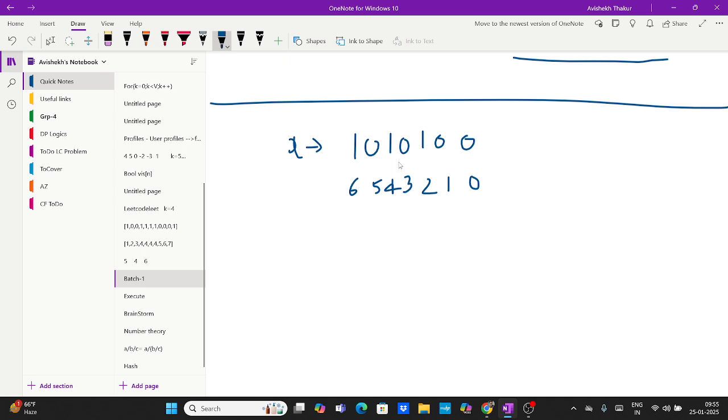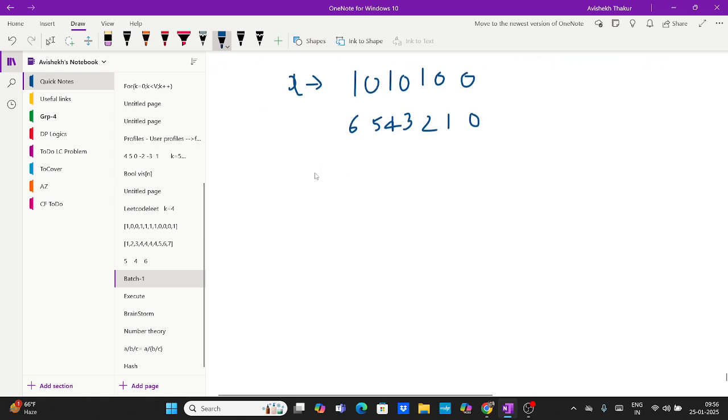If we perform an AND operation, you'll get one, right? So we can see whether that bit has been set or not. If it's a zero and we perform an AND operation with one, with which number will you do it? Only one. So you're saying x AND one?